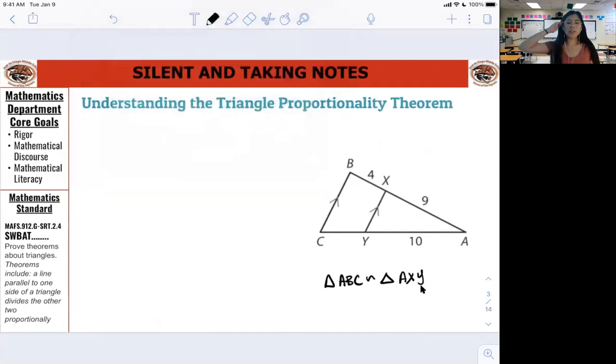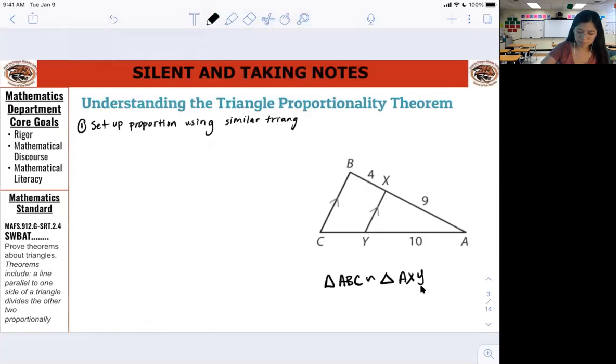Okay, so what I'm going to do first is set up my proportion using similar triangles, the way that we used to do it all the time. So what we usually did was AX over AB.